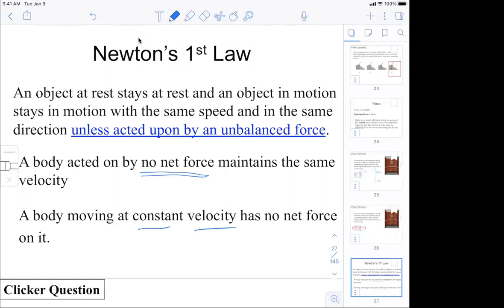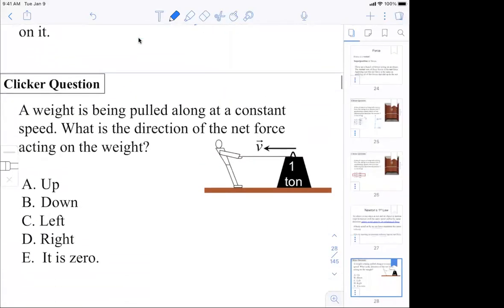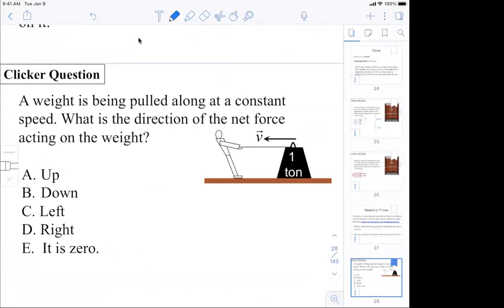So these two interpretations are implied by Newton's first law. Let's see if we can answer the question. Say Superman is pulling a ton of weight. Because Superman is pulling on it, the weight is being pulled with a constant speed v to the left. So v is constant, and it's asking you about the net force.